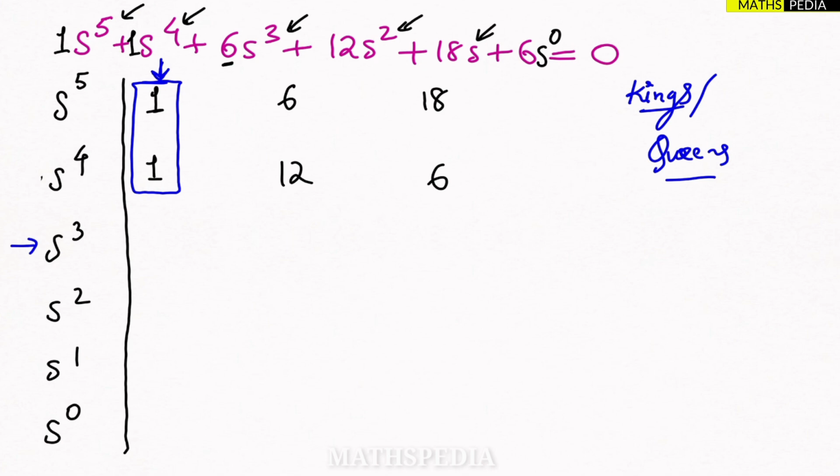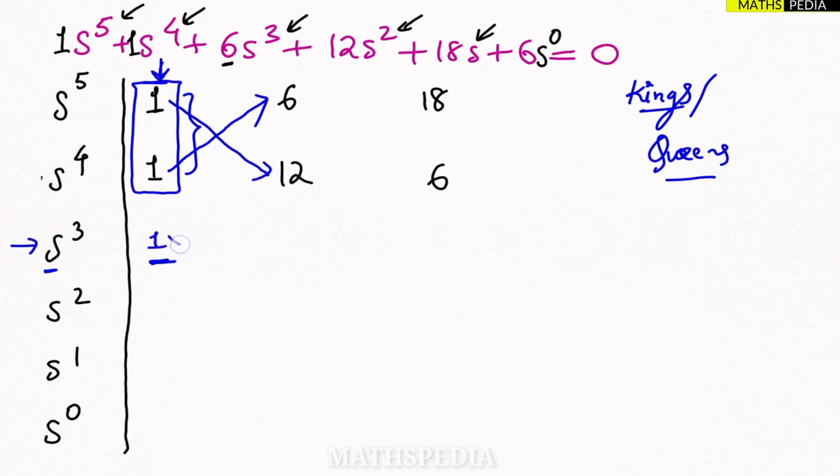Anything you take, king, queen, whatever, they are the most important elements in this particular array. Always we have to take them in pairs. That means two kings I have to take or two queens I have to take. Now s power 3, how to fill? What I have to do? Bottom king into the top one, then top king into the bottom one, multiply.